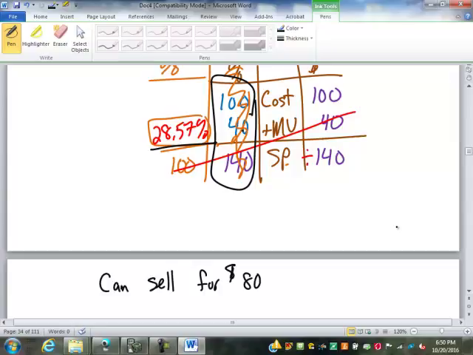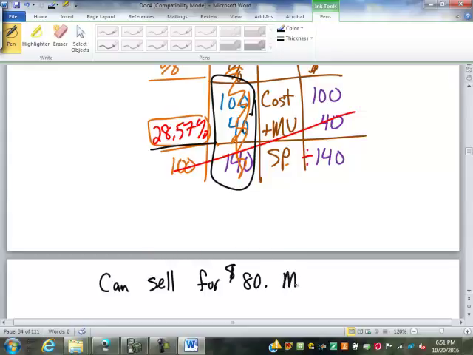Like if you're right next to Disney World, people are willing to pay a little bit higher price at your shop because you're right next to this big attraction. Exactly. Or if you're right next to a place that has a reputation for being really high priced, little things like that. So anyway, you can sell this item for $80 based on your market research.